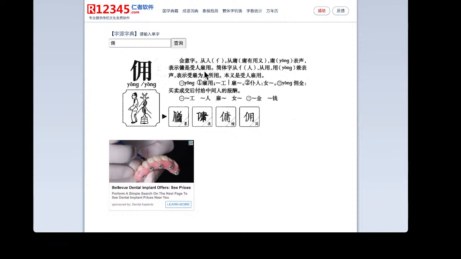Now because that yong is this right hand side, yong, it does mean ordered by somebody, or hired by somebody, employed by somebody.